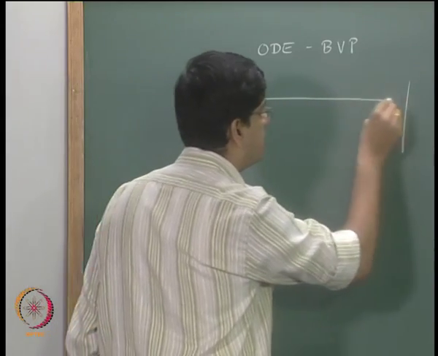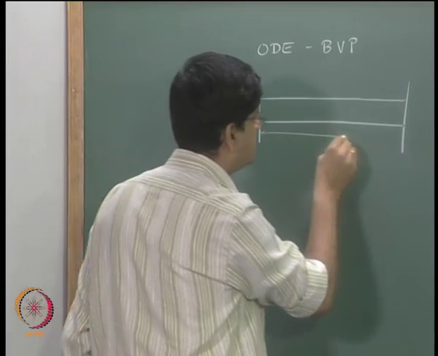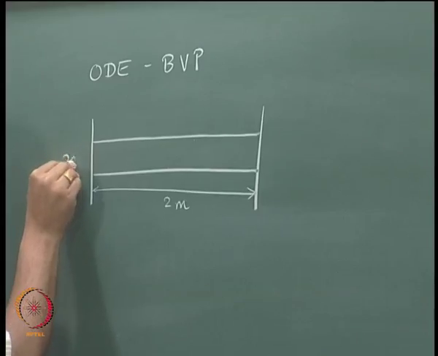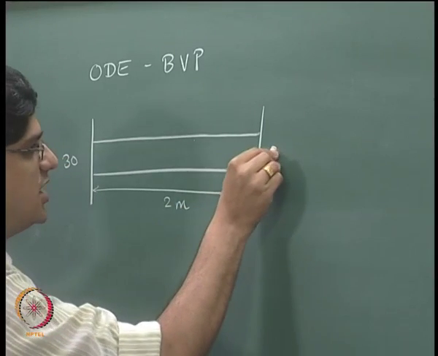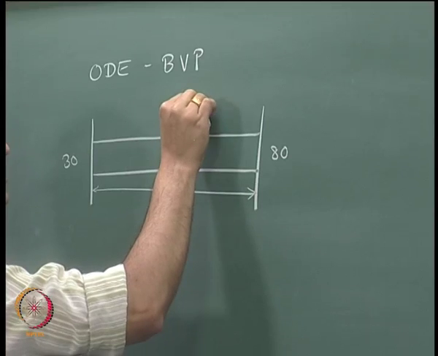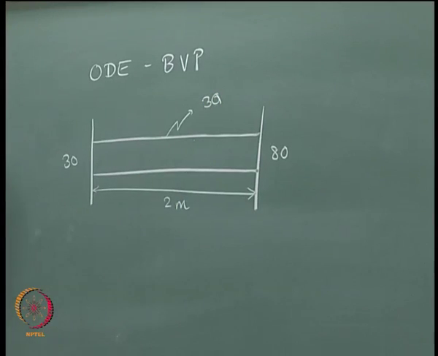Let us say the length of the rod is 2 meters. One end of the rod is kept at 30 degrees Celsius, the other end is kept at 80 degrees Celsius, and this rod loses heat to the atmosphere, which is also at 30 degrees Celsius.